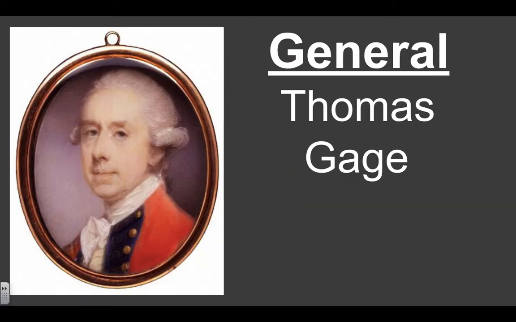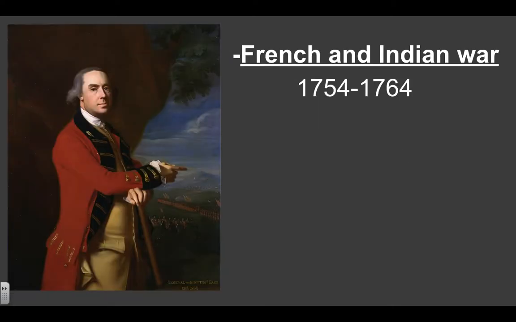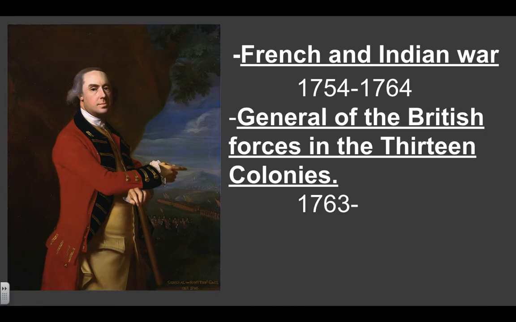Now, he wasn't just any general. He has a pretty important past. He fought as a general, although many years earlier, in the French and Indian War, for 10 years straight. And he is also the current general of the British forces in the 13 colonies.